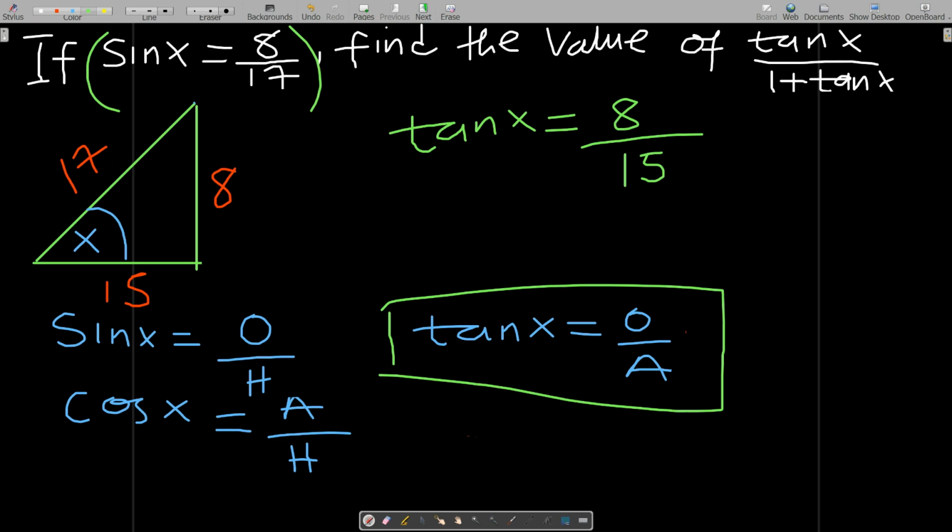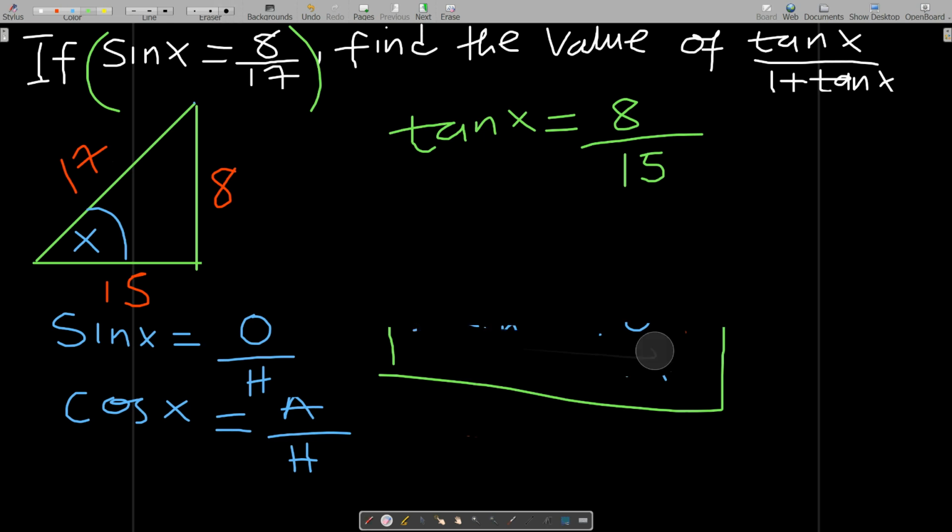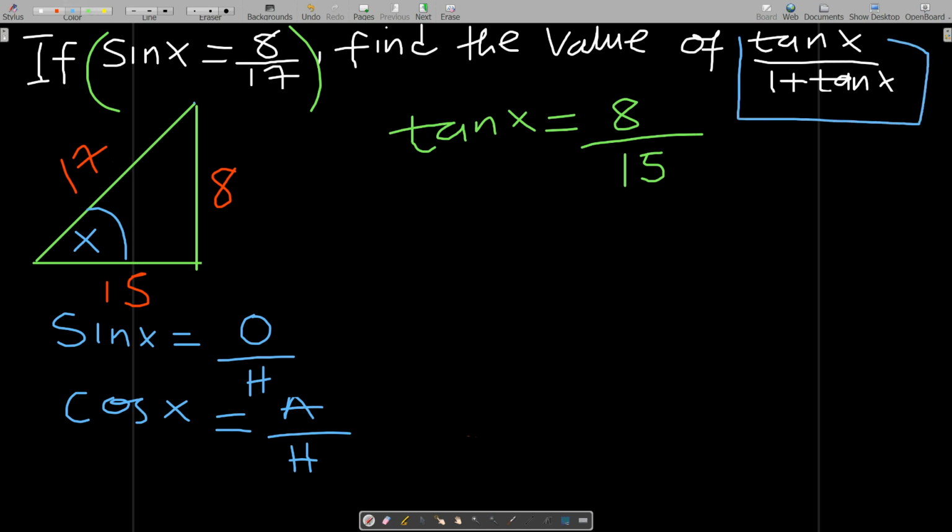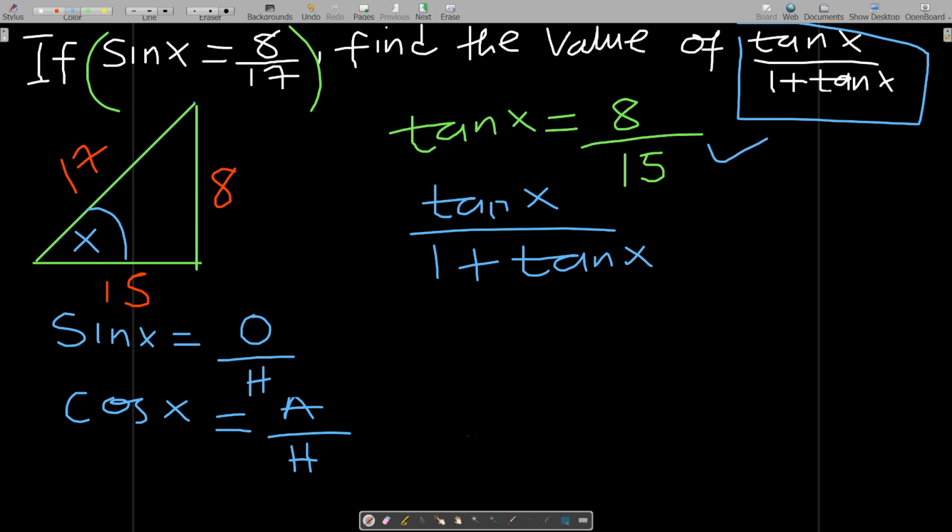So the main problem is we are supposed to find what? We are supposed to solve for tan x over 1 plus tan x. But we know tan x. You know tan x to be this. What is 1 plus tan x? 1 plus tan x is the same as 1 plus the value of tan x, which is 8 over 15.